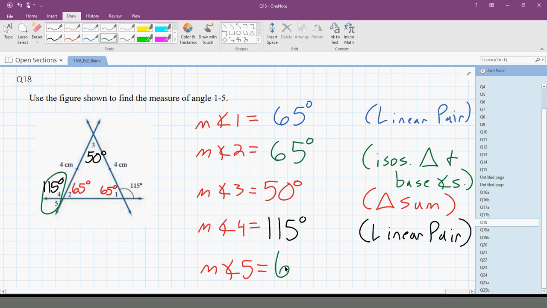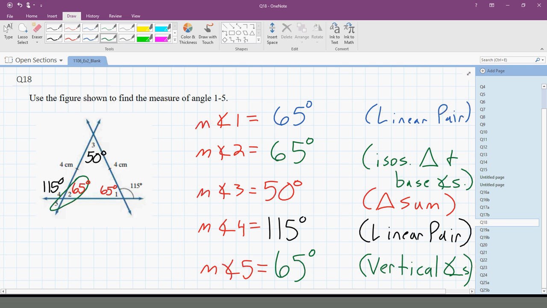There you go. Or another way would be these two share a relationship. What are they? They are congruent. Why? What kind of angles are they? Vertical. They're vertical angles.